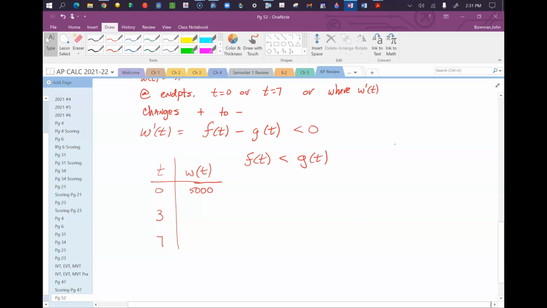And it would be 5,000, I'm going to label it anyway, 5,000 plus the integral from 0 to 3 of f of t dt minus the integral from 0 to 3 of g of t dt, and you can do this on your calculator and find that that is 5,126.591 gallons.